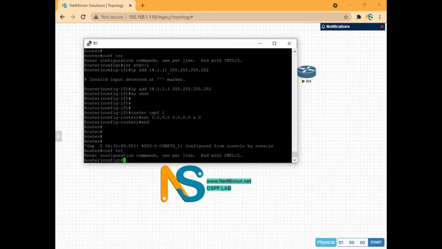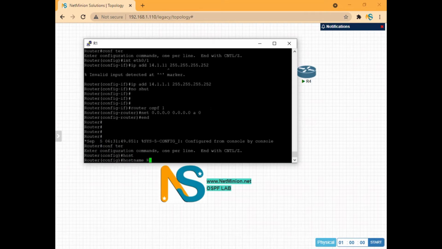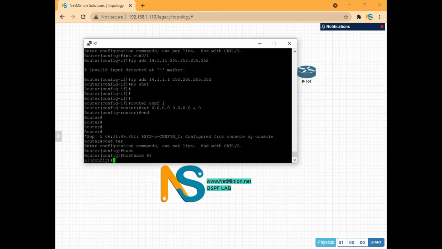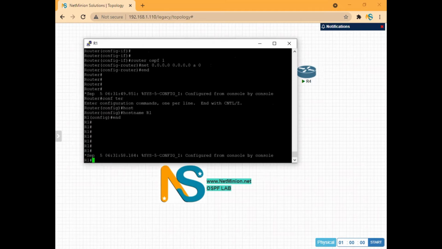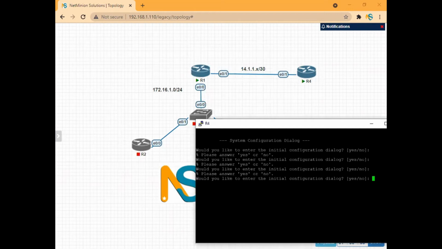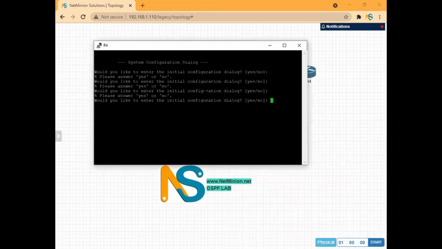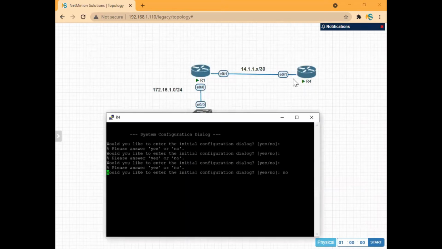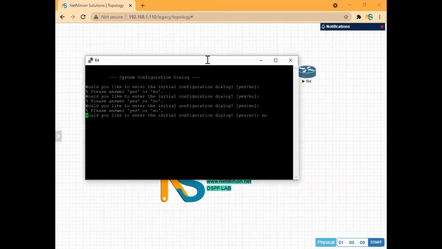Let me just change the hostname so that I can recognize which router I am on. This is router 1. Let me go to router 4 now and perform the same tasks. Here I am clicking on no, and it has the eth 0/1 port. Let it take some time to boot up.